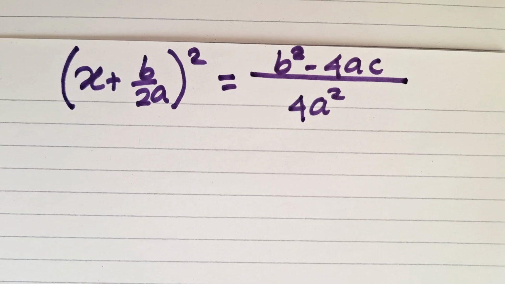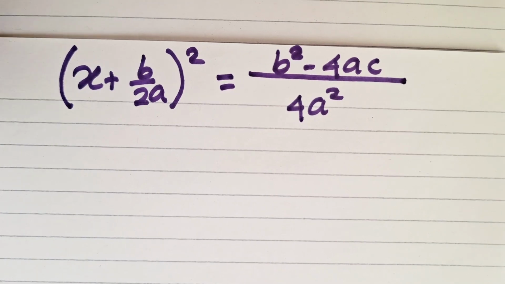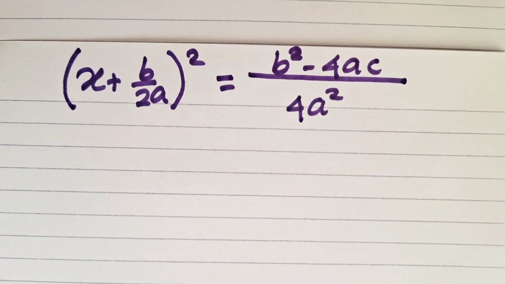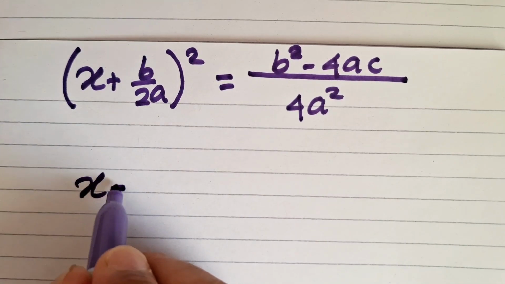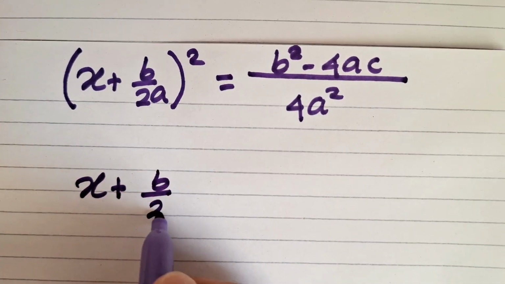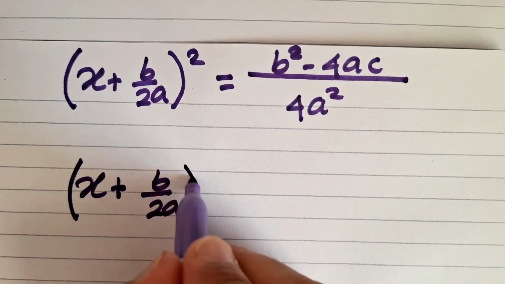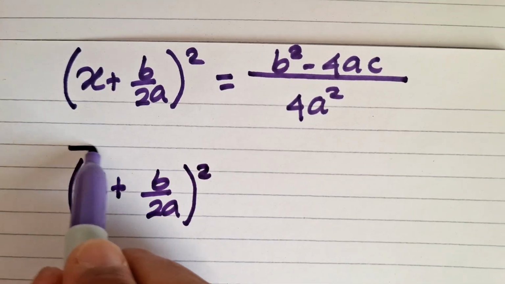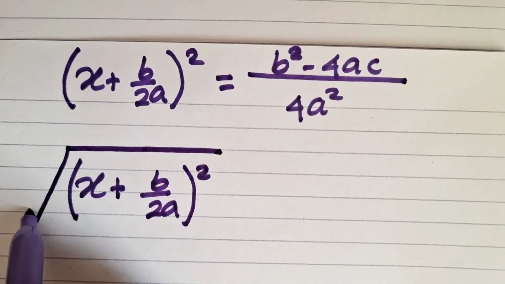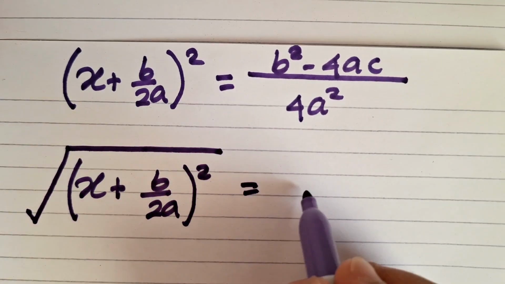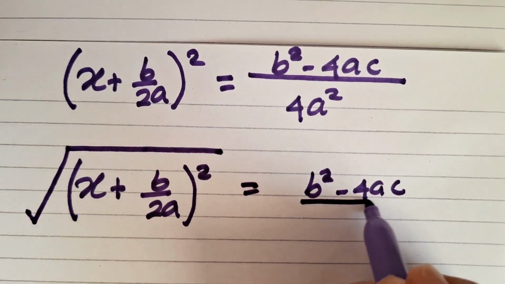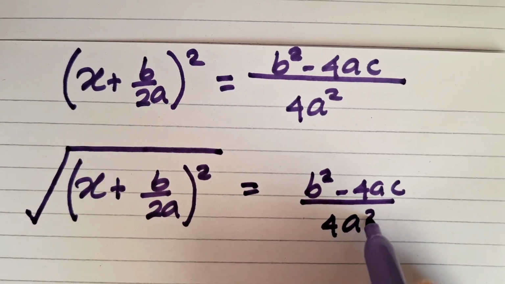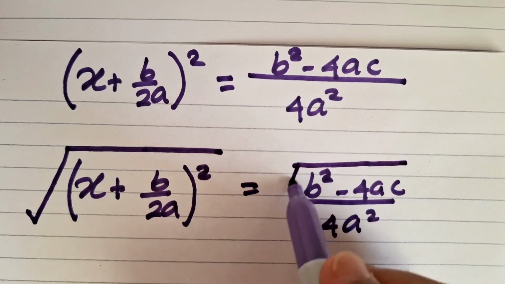In the next step, I'm going to take the square root of both sides of the equation. So now we have the square root of x plus b over 2a whole to the power 2. On the right hand side we have the square root of b squared minus 4 times a times c over 4a squared.